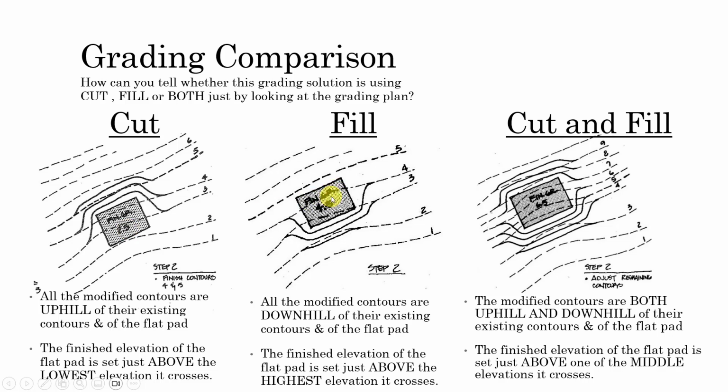For the fill solution, you want to look at one contour above your flat pad location and then go down 1/2 foot, because you're downhill of that contour. And finally, for your cut and fill solution, you want to pick a contour that roughly goes through the middle of your flat pad, and then go 1/2 foot above that contour.